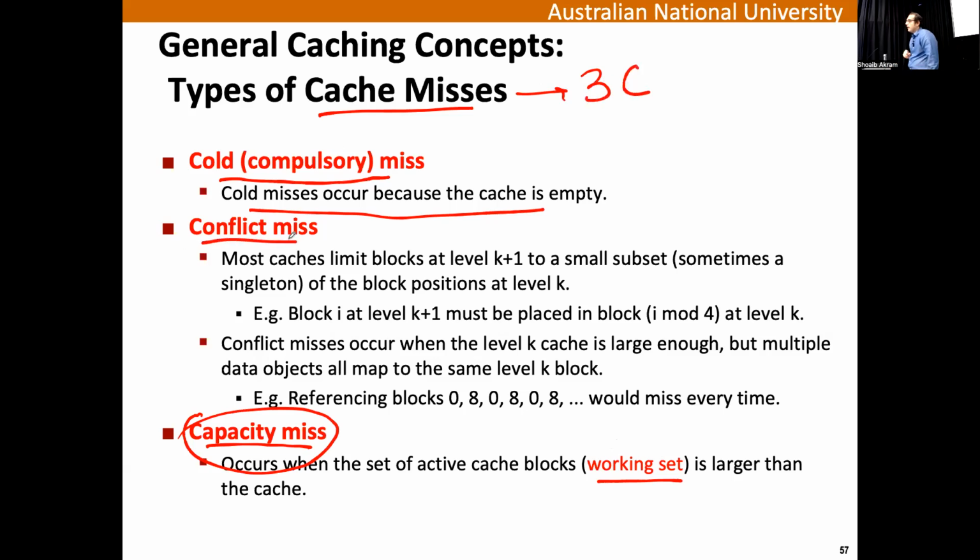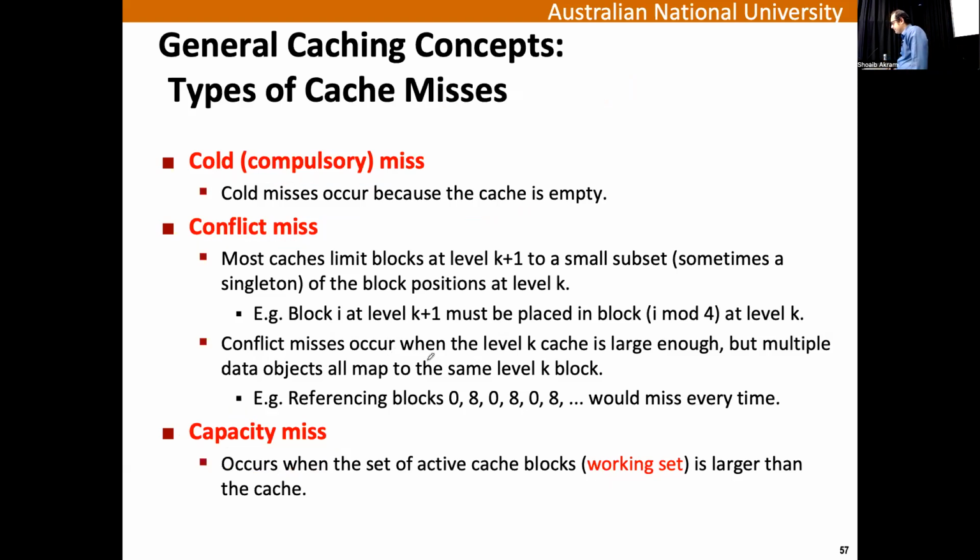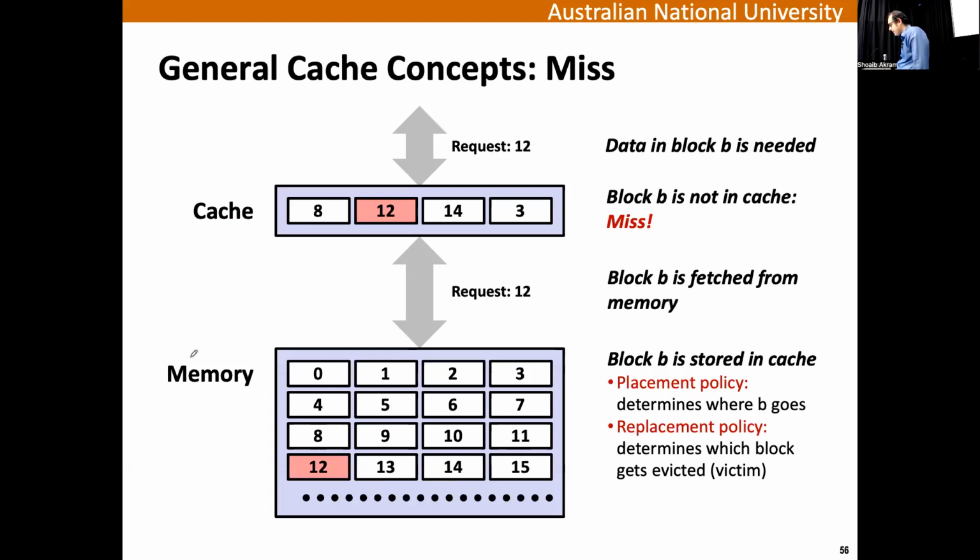Conflict misses: when you restrict the number of locations where each block from level k+1 can be placed, multiple blocks will conflict for the same location. So if your policy is that any block from level k+1 must be in block i mod 4 at level k, in this example, with i mod 4, then 0, 8, and 12 will all conflict for this block here.